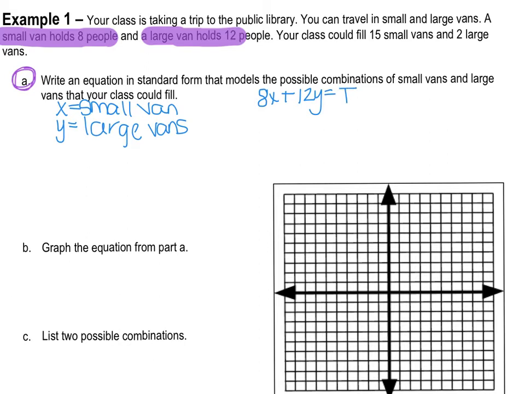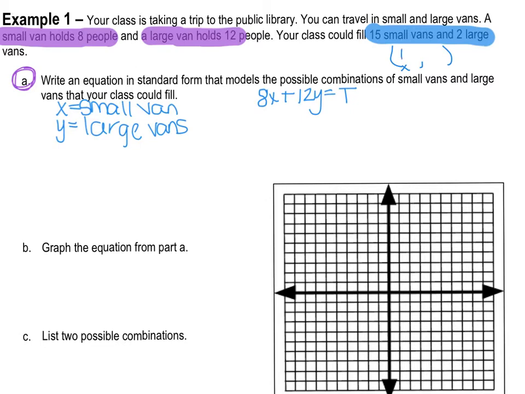Okay, that unknown, I'm going to use this information right here. They tell me that my class can hold 15 small vans and 2 large vans. That right there tells me an ordered pair. And I know x, which is this first one, is my small vans.